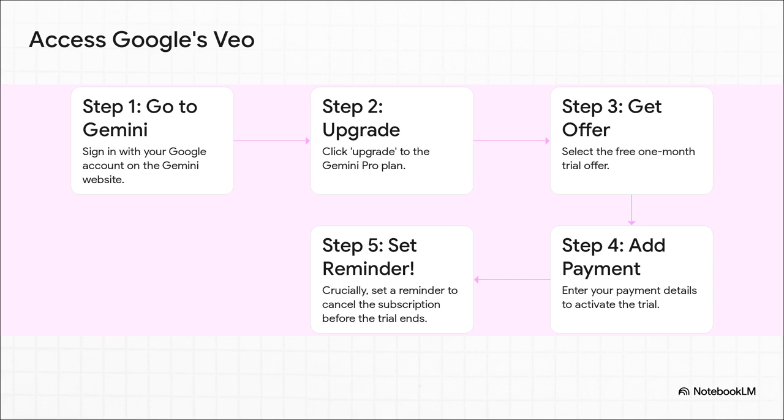See, it comes with a 1-month free trial that just so happens to include their Veo video model. So you just navigate to the Gemini site, click Upgrade, and pop in your payment details to start the trial, and, listen, the most important step here is the last one. Seriously, set a calendar reminder to cancel the subscription before that month is up so you don't get charged.